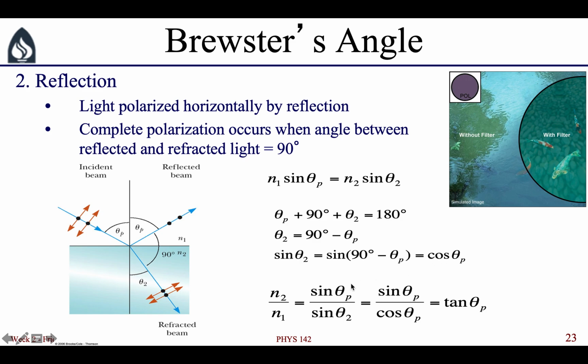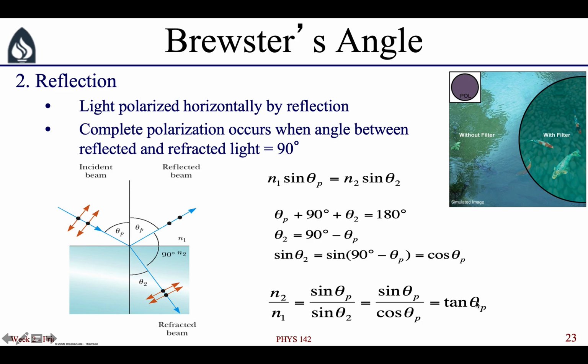So then if we rearrange this expression, the ratio of the indices of refraction is going to be equal to sine theta p over sine theta 2, but we said that sine theta 2 is equivalent to cosine of theta p for this condition where we have this 90-degree angle here, and the sine over the cosine of the same angle is equal to the tangent.